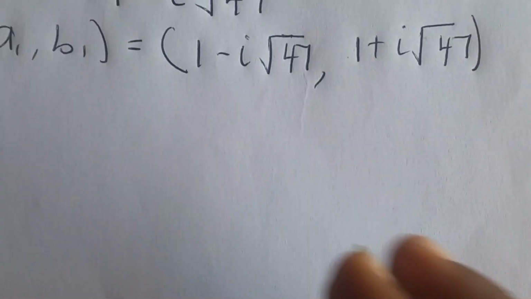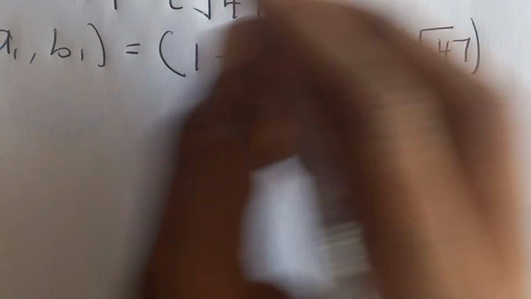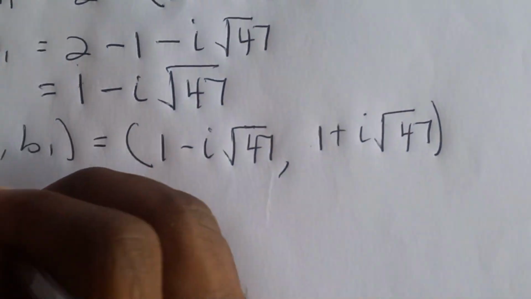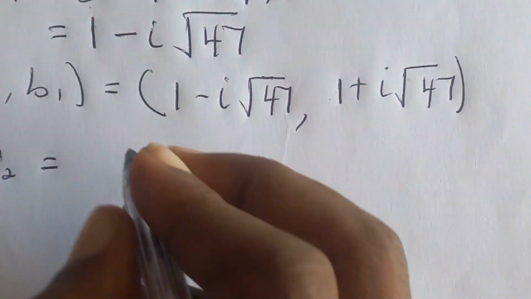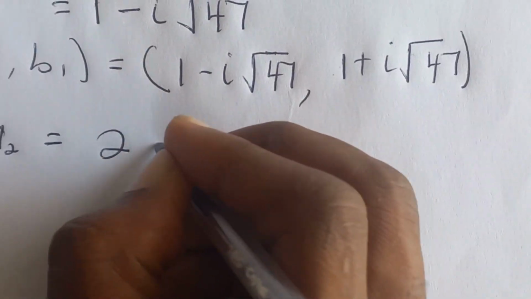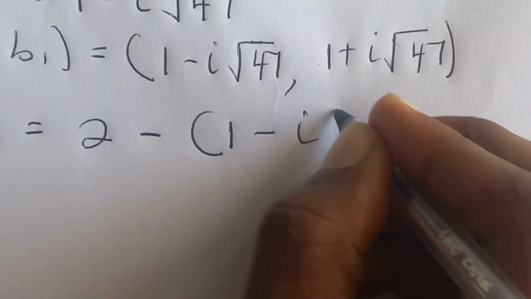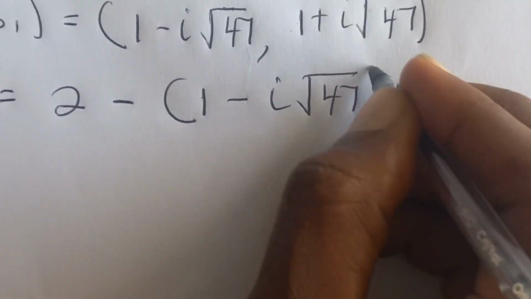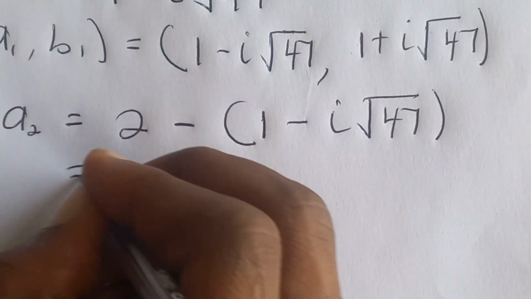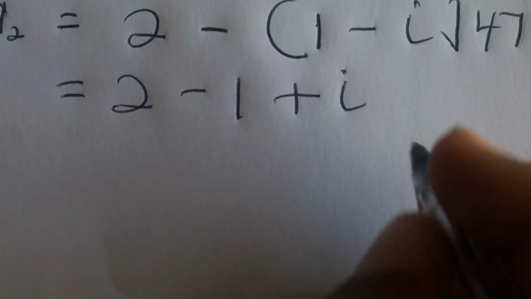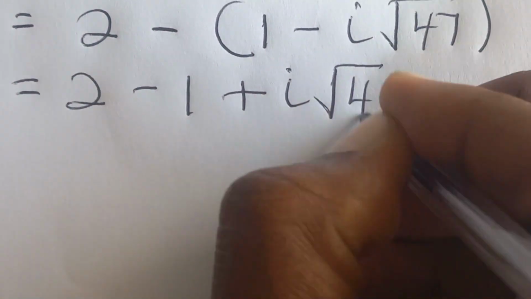Okay, so now we are going to use b2 to look for a2. So our a2 is going to be 2 minus, in brackets, 1 minus i square root of 47, like this, which is equal to 2 minus 1, plus i square root of 47.